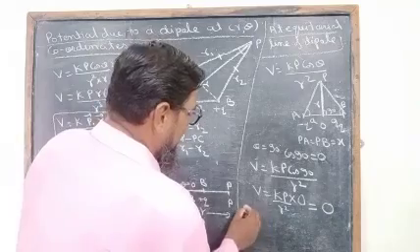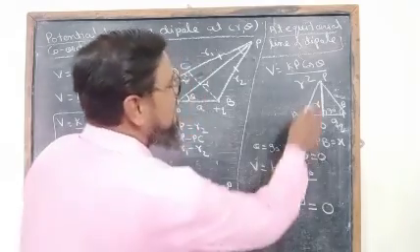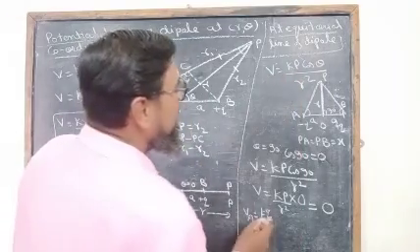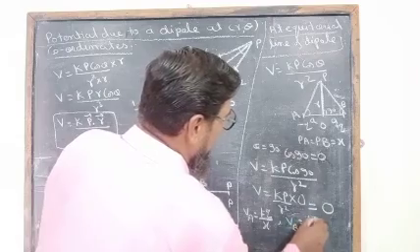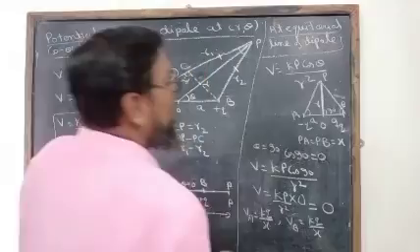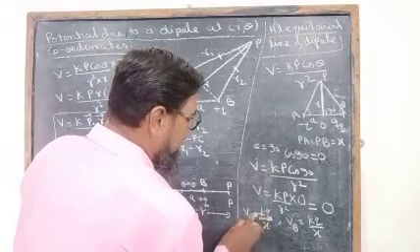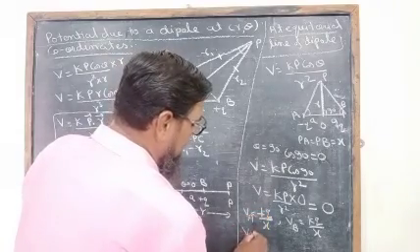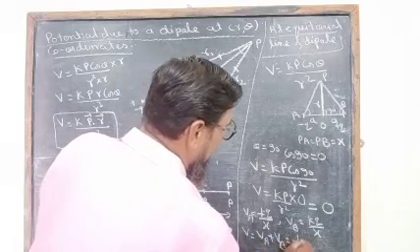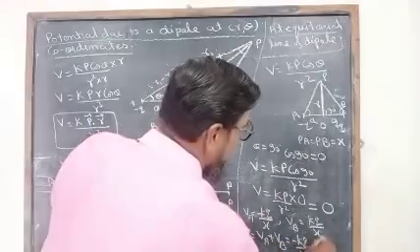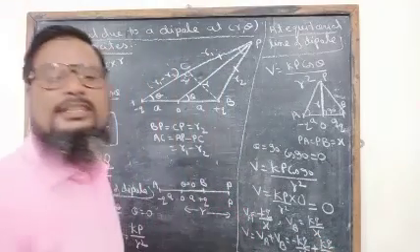VA is equal to KQ upon X, this distance PA is X. The other one is VB, which is again KQ upon X, but because this is the potential due to minus Q charge, this value is with negative sign. Net potential V is equal to VA plus VB, means minus KQ upon X plus KQ upon X, and this will be equal to 0.